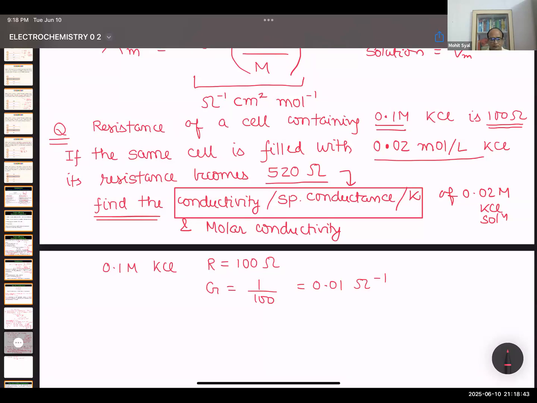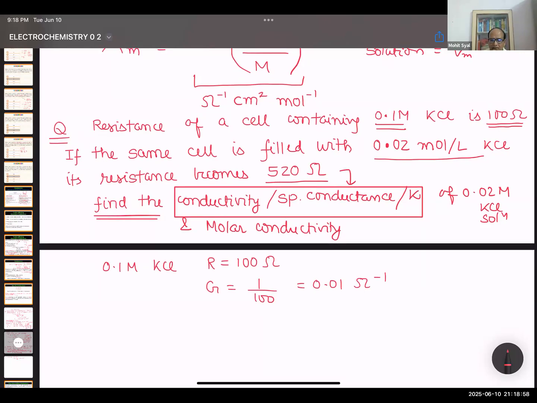Now what else? G, and there is one more data I think is given. I have missed that data. The resistance offered by this is this much, and the kappa. This is the value of kappa also that they have given.